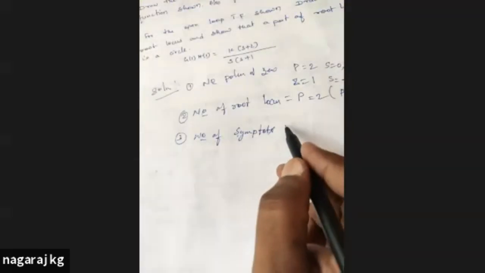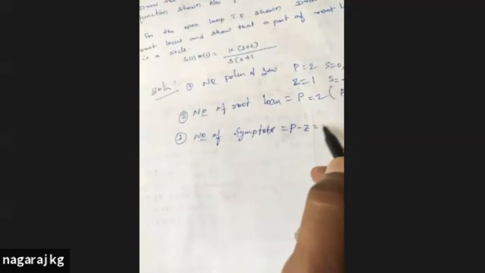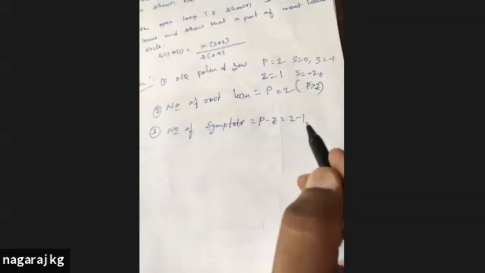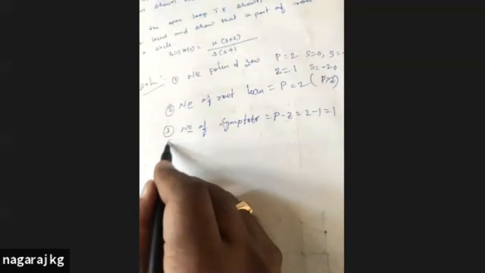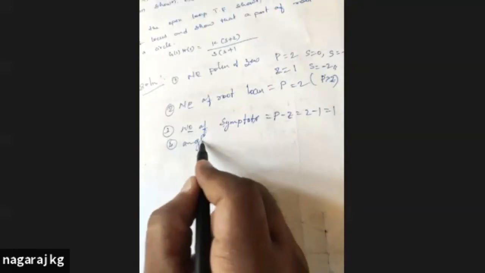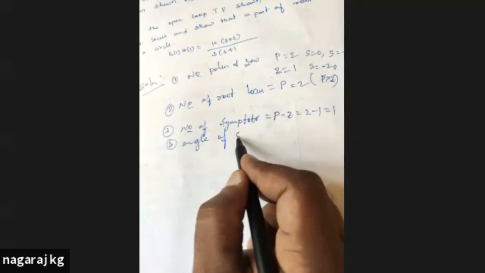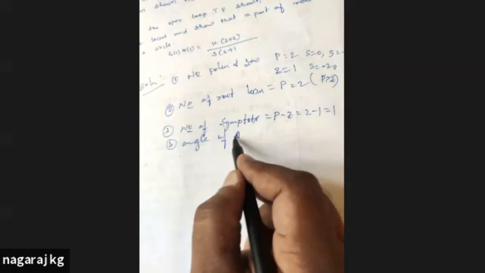Number of asymptotes is equal to P minus Z, that is 2 minus 1, that is equal to 1. So you have only one asymptote for this. So how do you get the angle of asymptote?